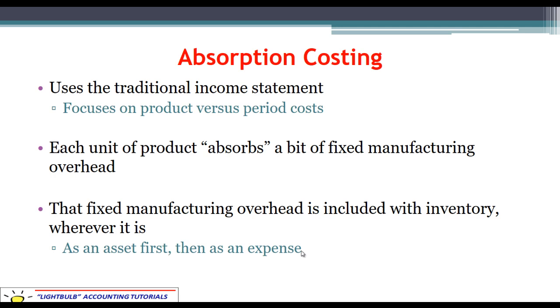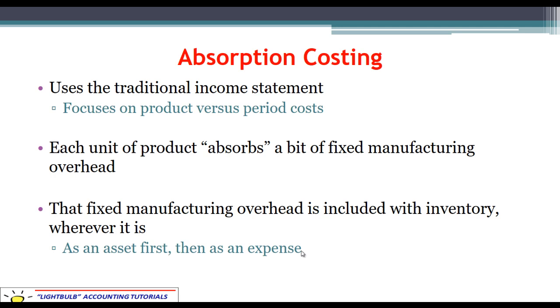So let's focus in on the absorption costing method here. We are going to use the traditional income statement when we use this method. This is where we have the sales less cost of goods sold to give us gross profit. And then from that we subtract out the selling and administrative costs, the period costs, to get net income.